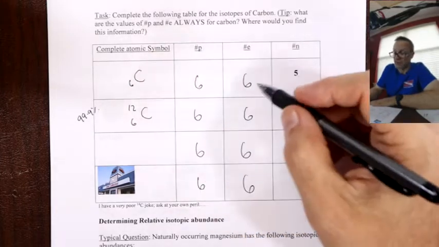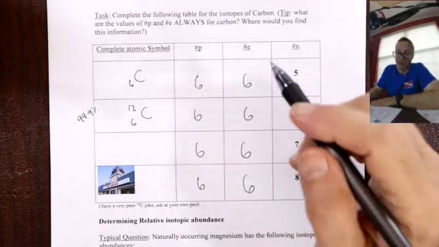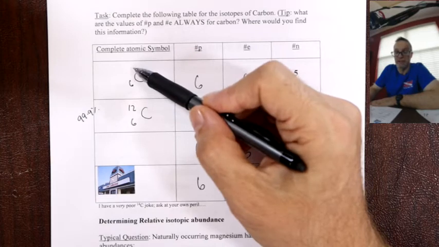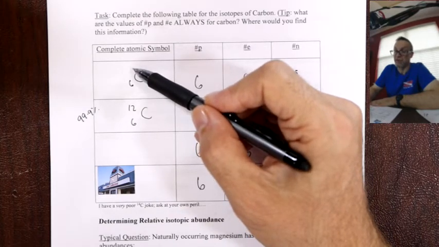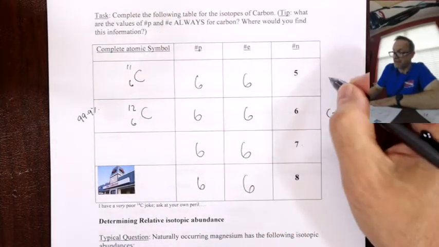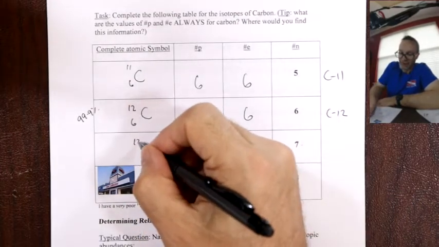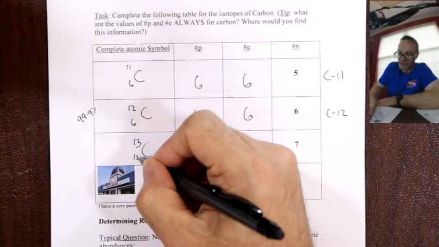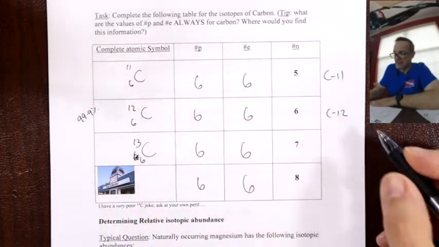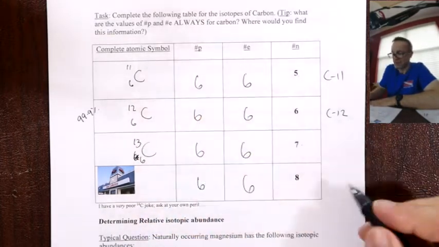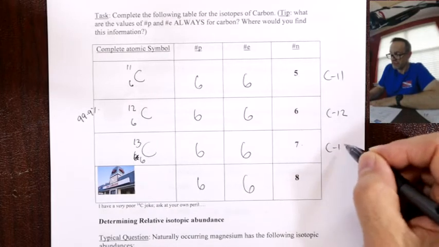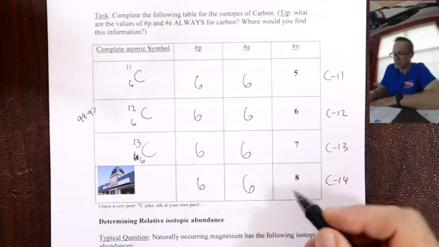This is all about the nucleus. But with 5 neutrons, careful. That's called carbon-11. Then 7 and 6, carbon-13. And then finally, this is going to be carbon-14, 8 and 6.